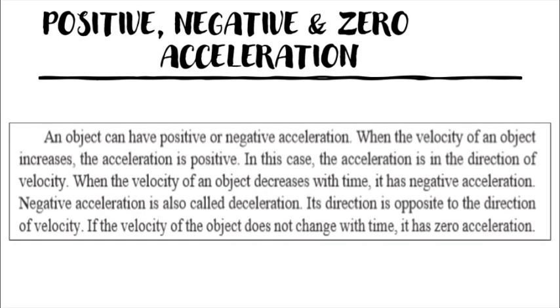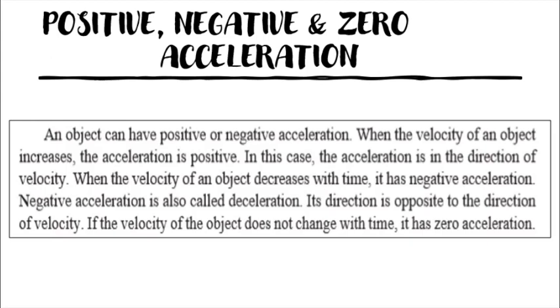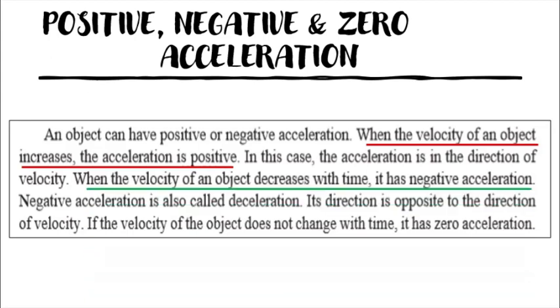So, when does an object have positive or negative acceleration? When the velocity of an object increases, the acceleration is positive. So, whenever the velocity increases, the acceleration will always be positive. When the velocity of the object decreases, it has negative acceleration or deceleration.